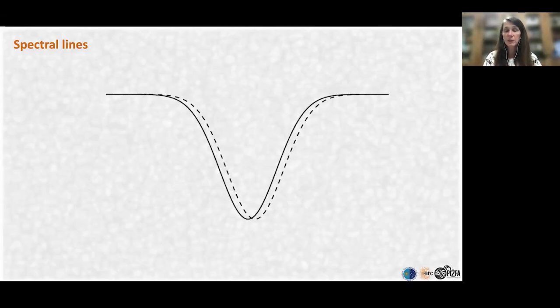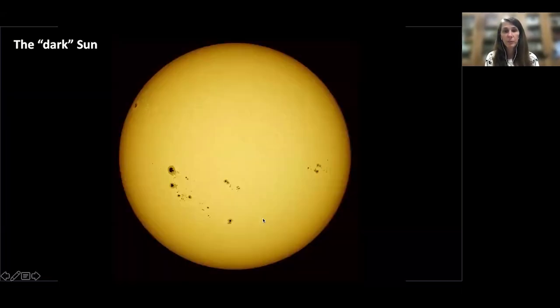And from that, we can measure the velocities. And when we can observe the sun at spatial resolution, so we can resolve the surface, we can restore maps of the solar surface at different levels. So essentially, everything we know about the sun comes from these spectral lines.